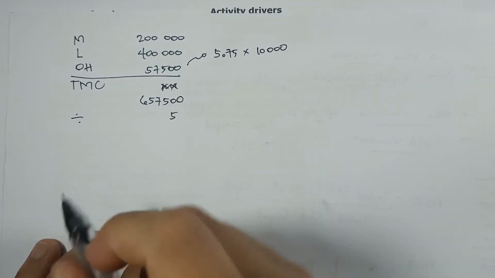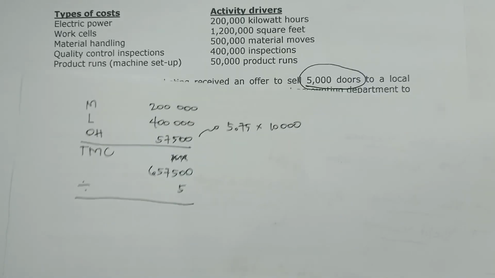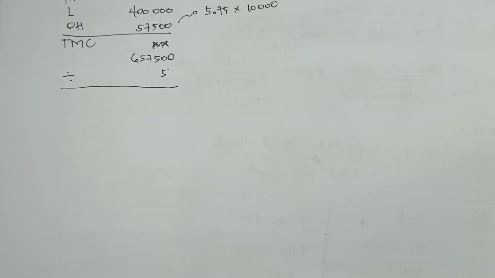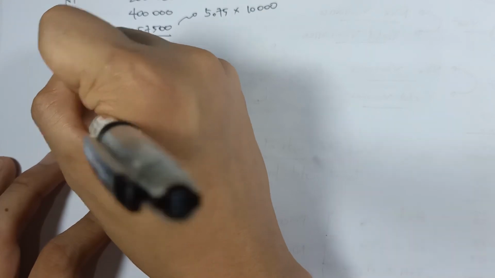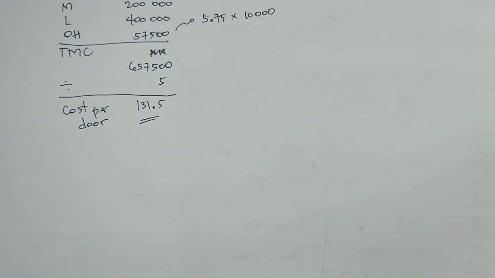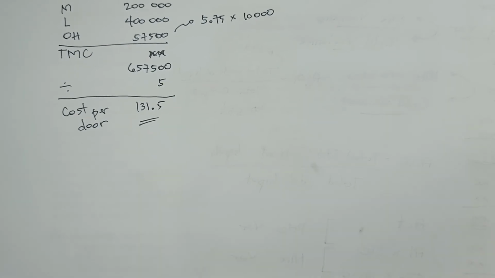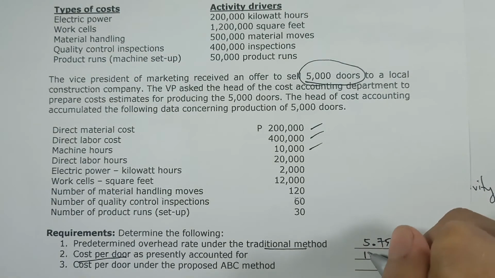So para ma-compute yung cost per door, kailangan mo lang yan i-divide by 5,000. So 657,500 divided by 5,000 doors, because 5,000 doors ang in order, this will give us 131.5. So the cost per door under the traditional costing is equal to 131.5. So requirement number 2, our final answer is 131.5.